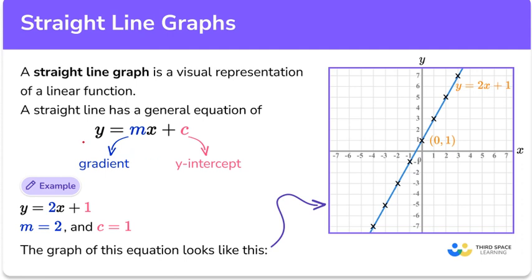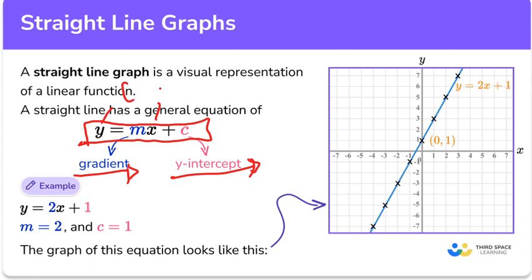A linear graph is described by this equation: y = mx + c, where c is your y-intercept, where m is your gradient, where x and y represent any point that is on the graph.